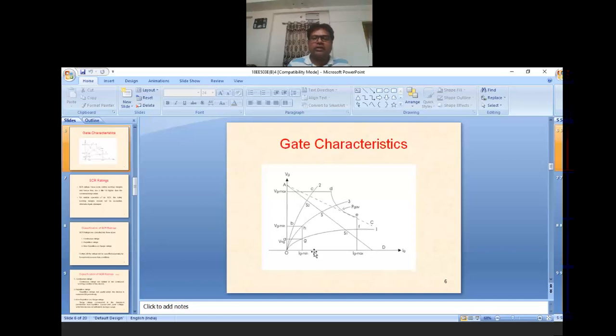Now, even if the anode voltage is more than 5 volts, SCR cannot be triggered or turned on if the gate current is less than this Ig minimum.